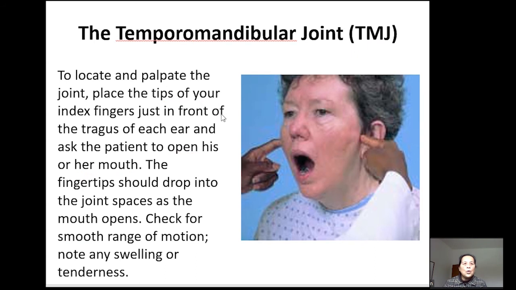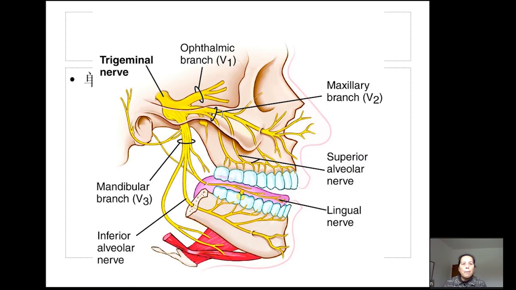Clinically, the TMJ easily causes problems.